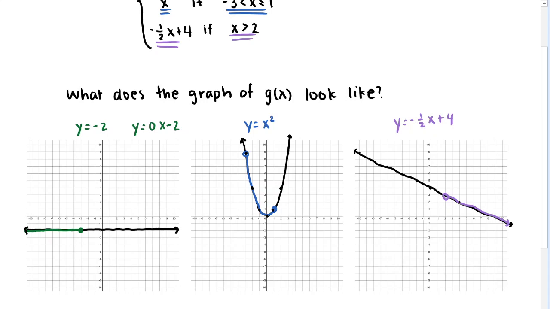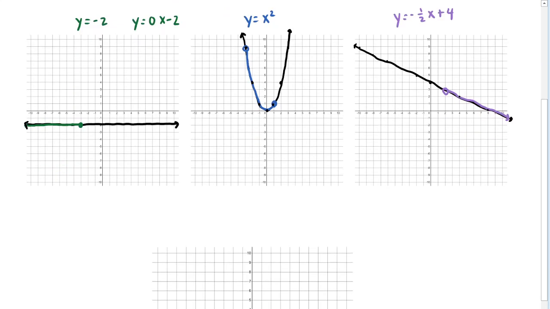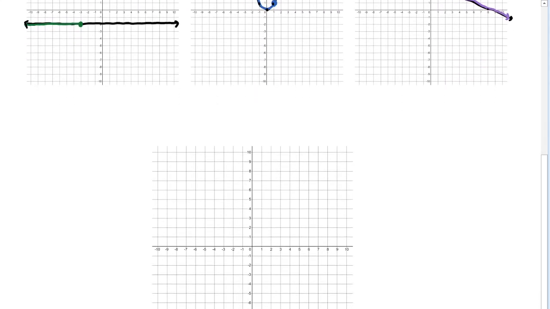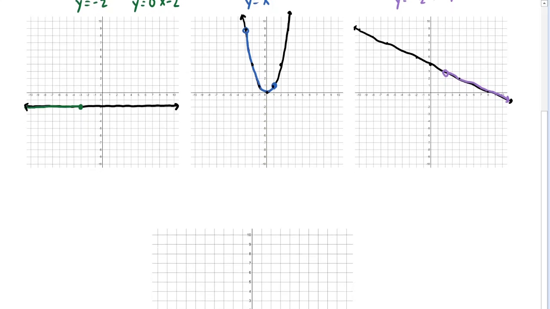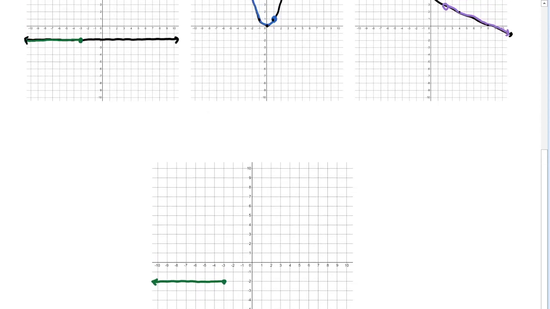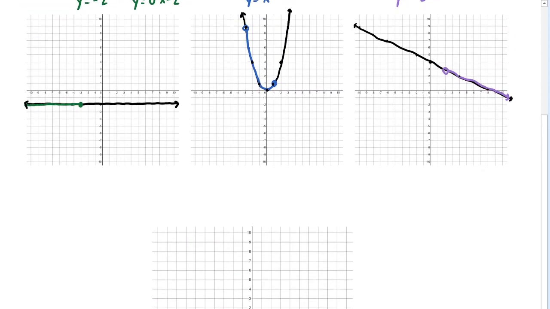And so here we're going to take all of the shaded parts together, and that's going to give us the graph of our piecewise function. So here, this green function that I've highlighted on the left, it's this and to the left, right? Because that function only applies for x values less than or equal to negative 3.